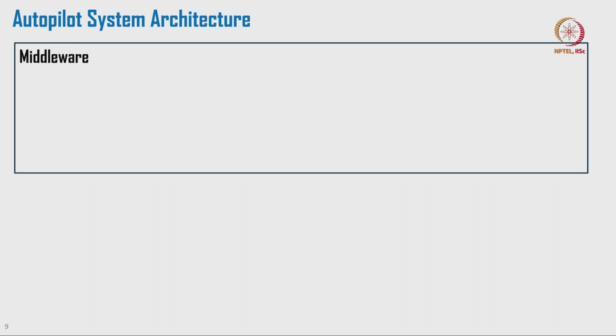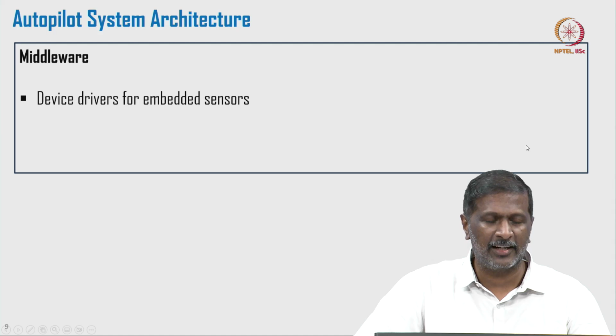Now let's go into a little bit more detail on the Autopilot system architecture, right? We talked about these middlewares. What are these middlewares? The device drivers for embedded sensors, right?